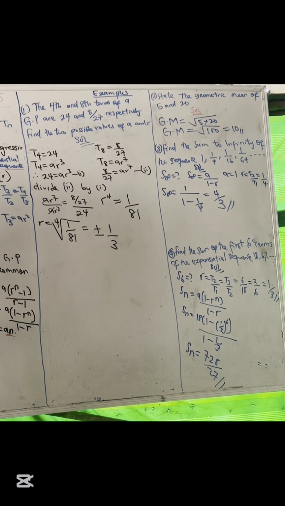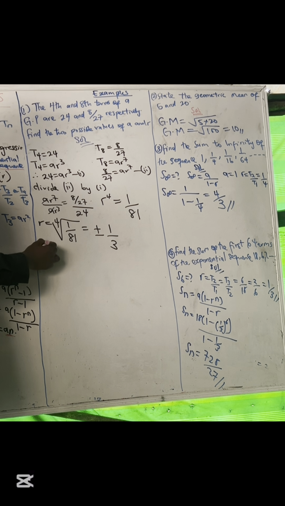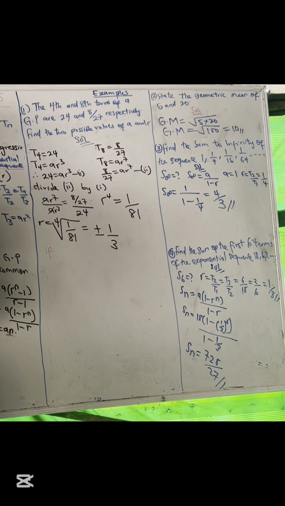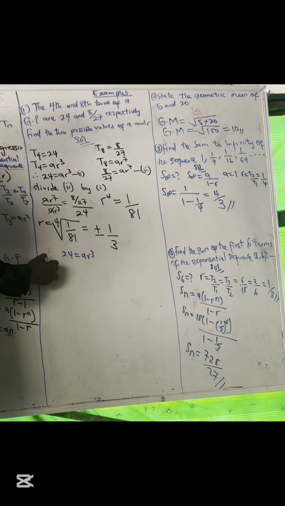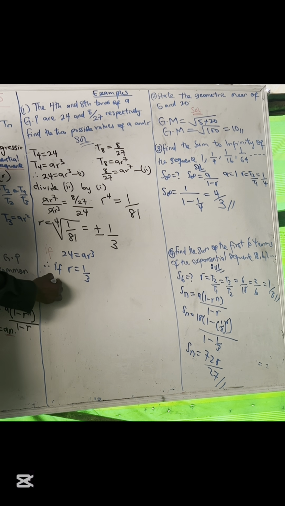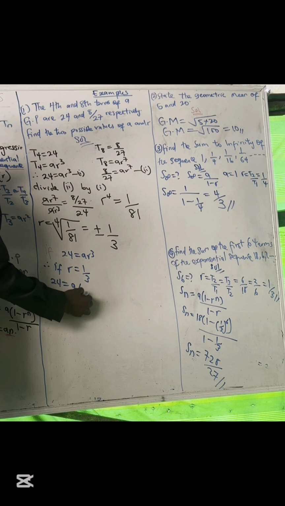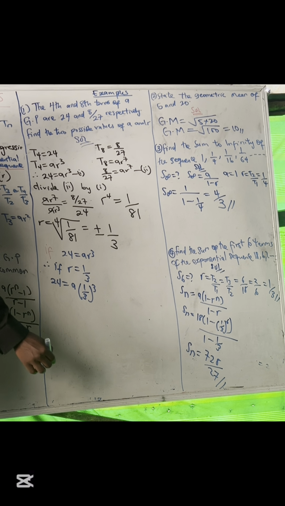So what remains now is to get the value of A, right? You just remember that 24 equals AR cubed, do you get that? So you're going to say that if R, the first R, is equals to 1 over 3, then 24 would equal A, open brackets, 1 over 3, cubed.